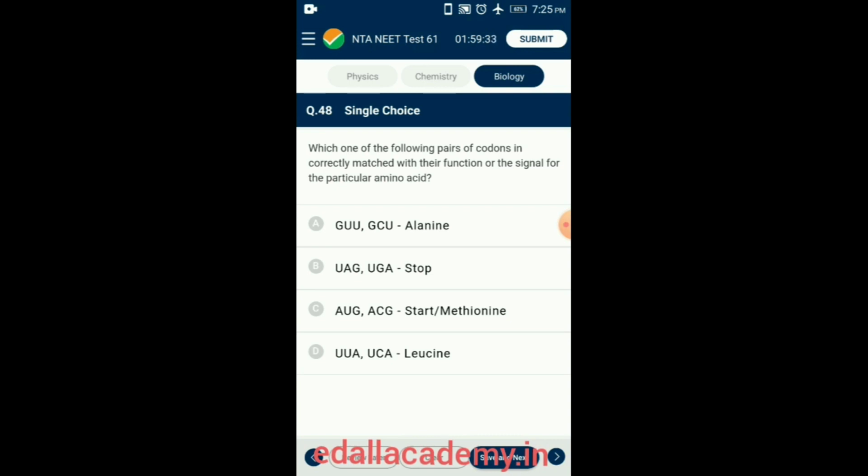AUG is the most common start codon, which codes for methionine. UUA indicates leucine but UAC indicates serine. So the answer for this question is option B. UAG, UGA, stop.